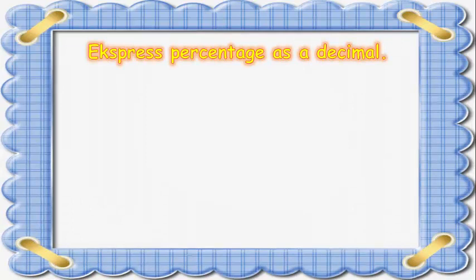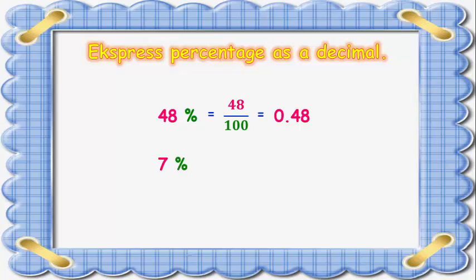Now, express the percentage as a decimal. 48% is 48/100. 48/100 is 0.48. 7%, you can write 7/100. 7/100 is 0.07.